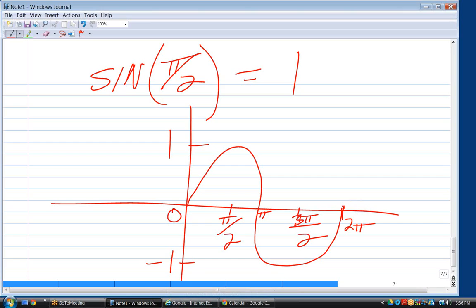It's 4 quarter points, and this means that it goes to its maximum at pi over 2. It's at 0, pi, and 2 pi. It goes to its minimum at 3 pi over 2, which is -1. So there's only one spot in the unit circle where it's equal to +1, and that is at pi over 2.